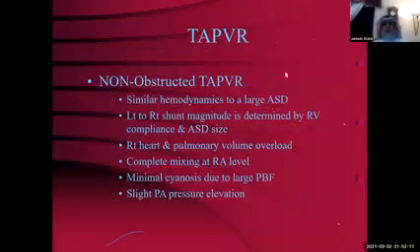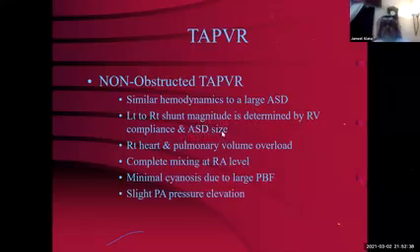So going back to the writing part, total anomalous pulmonary venous drainage or return, non-obstructed total anomalous, similar hemodynamics to a large ASD, a very large ASD, or possibly a common atrium. Left to right shunt magnitude is determined by the RV compliance and the ASD size.